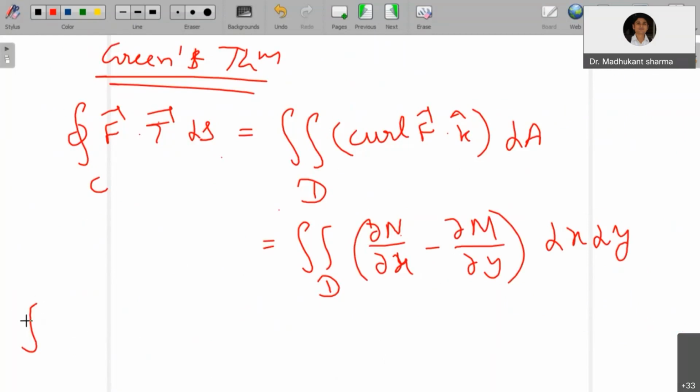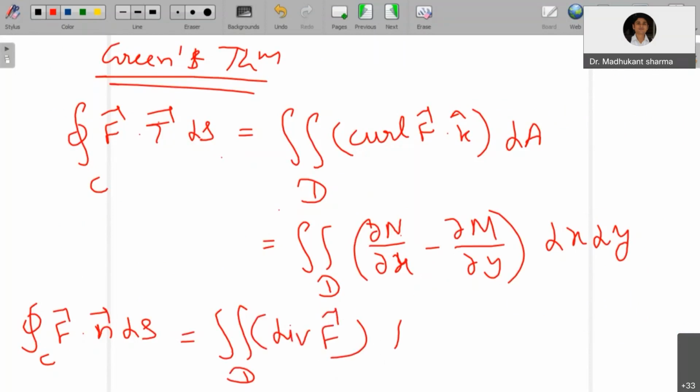Another vector form, for finding the outward flux, is the integral of F dot N ds. That is going to be the double integral over D of the divergence of F dx dy.